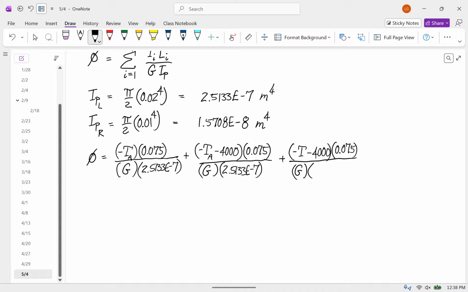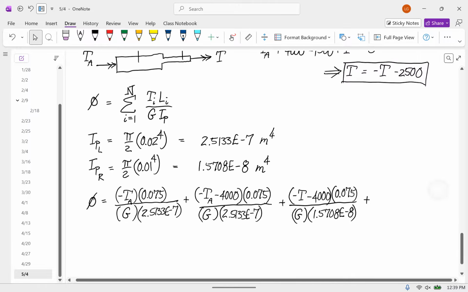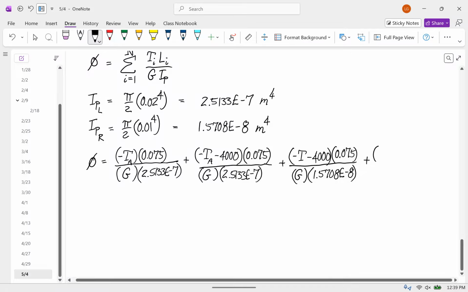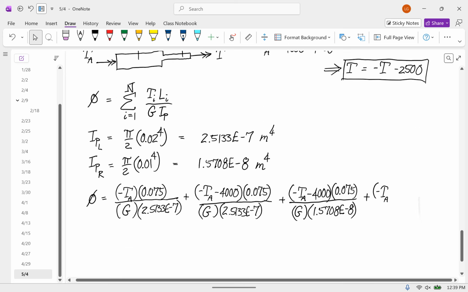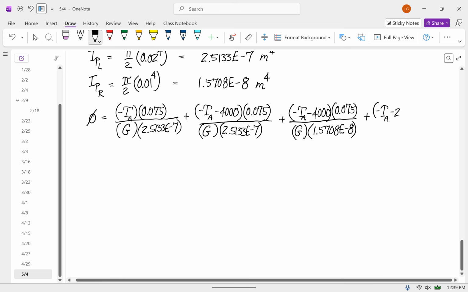So this is 1.5708 times 10 to the minus 8. And then finally, the fourth and last piece, the internal torque is, this should be TA, not T. The internal torque is negative TA minus 2,500.